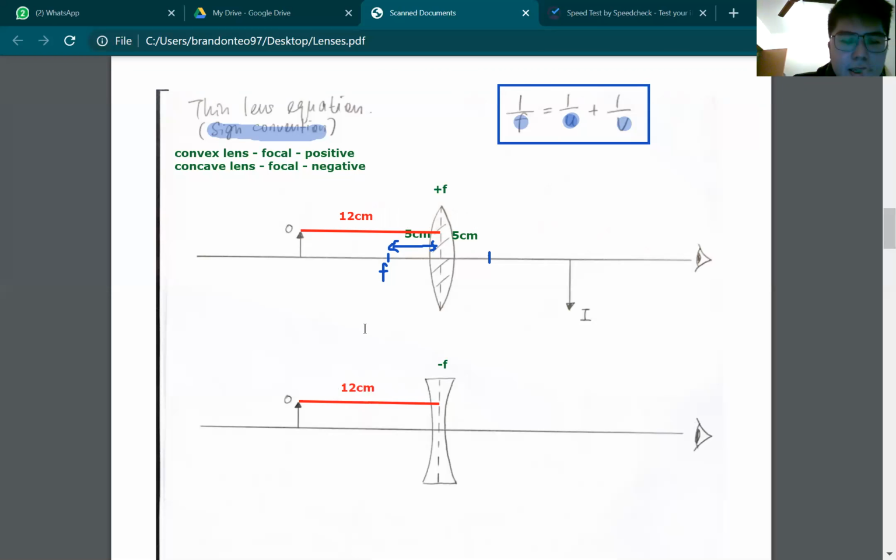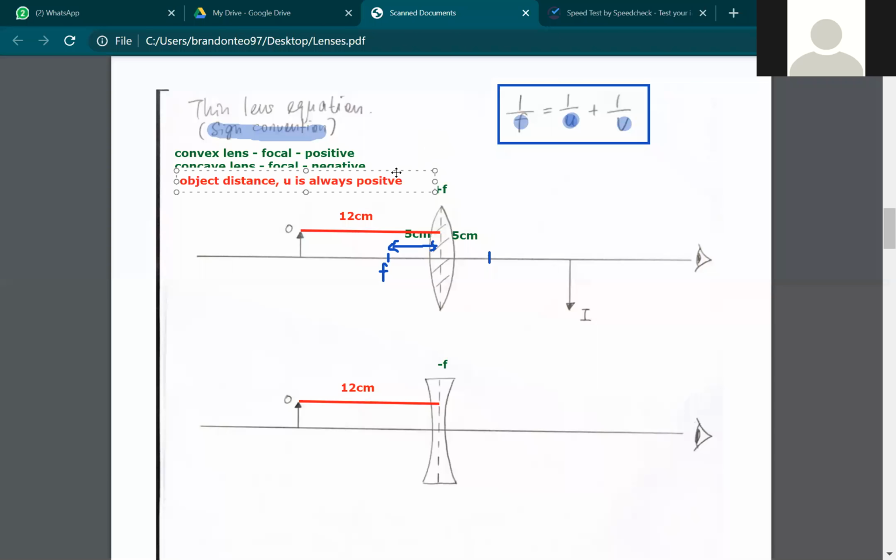Now, object distance is 比较 straightforward. Object distance u is always positive. You just take positive, you no need to think about it. Just take positive for a single lens.